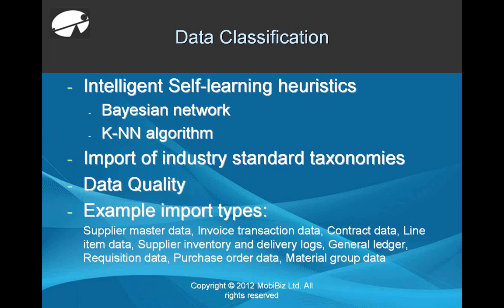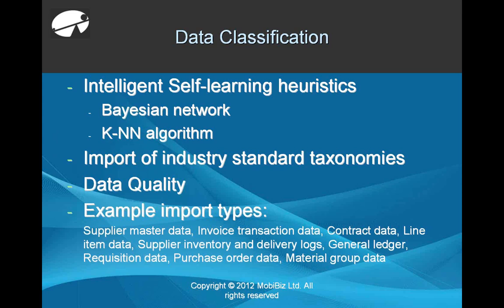Now, the way our platform is structured, it's possible to accumulate hundreds or even thousands of rules this way on a data set. So how do you effectively work through all those rules? For that, we use Bayesian network or KNN algorithms to make the classification simpler, to make the classification work.